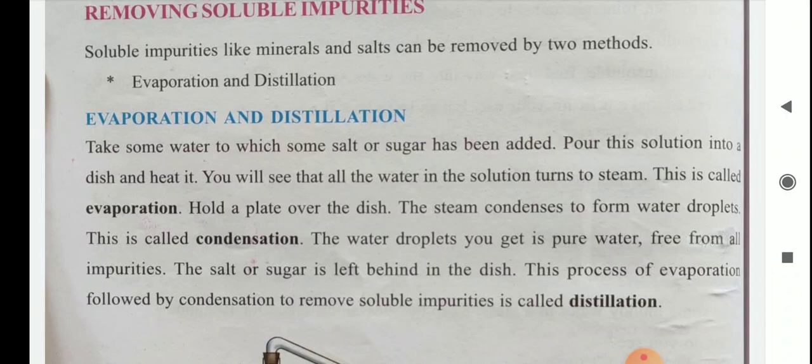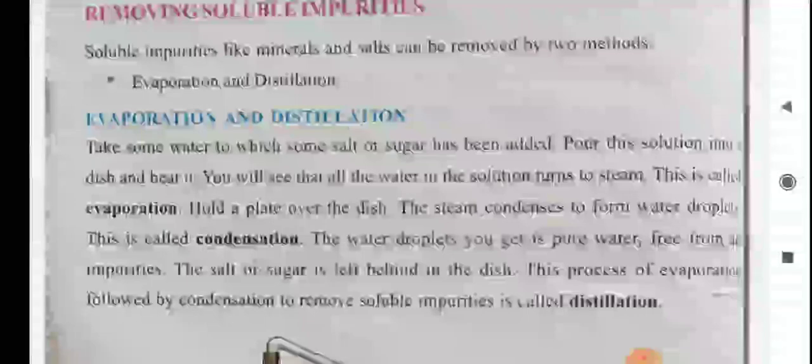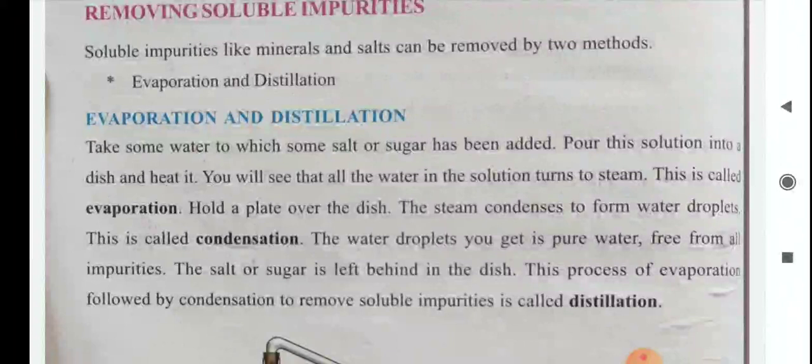Pour this solution into a dish and heat it. We will see that all the water in the solution turns to steam. This is called evaporation. Then hold a plate over the dish. The steam condenses to form water droplets, and this is known as condensation.